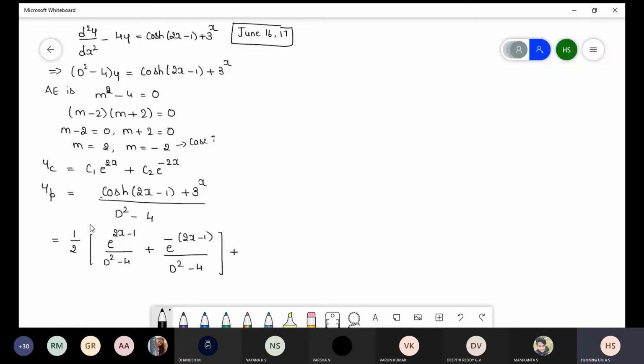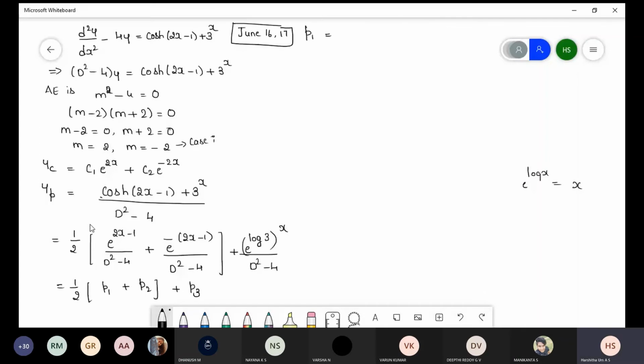The last term, we have to write in the form of e^(log x), because e^(log x) is x. So 3^x means (e^(log 3))^x divided by D² minus 4. Now I write 1 by 2 into this one as P1 plus P2, closing the bracket. The last term I mention as P3.